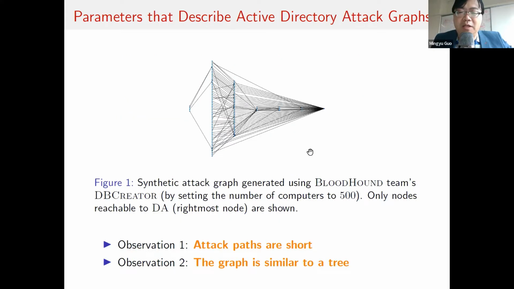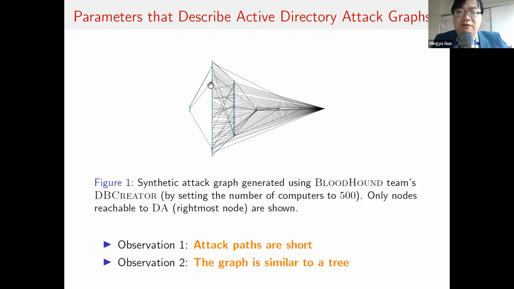So what will be the parameter for Active Directory attack graphs? And here is one synthetic Active Directory graph generated using the BloodHound team's synthetic database generator called DB Creator. Basically, DB Creator would generate a synthetic Active Directory graph.